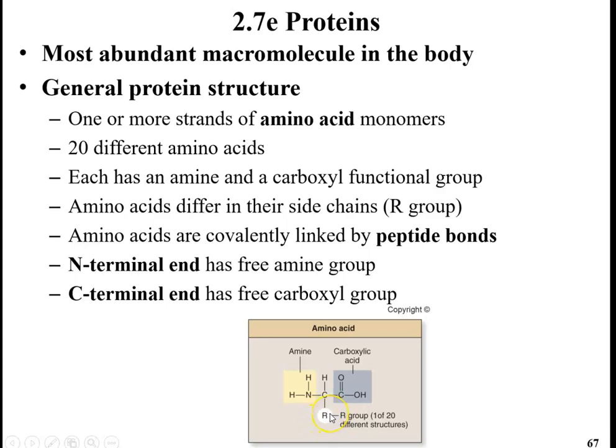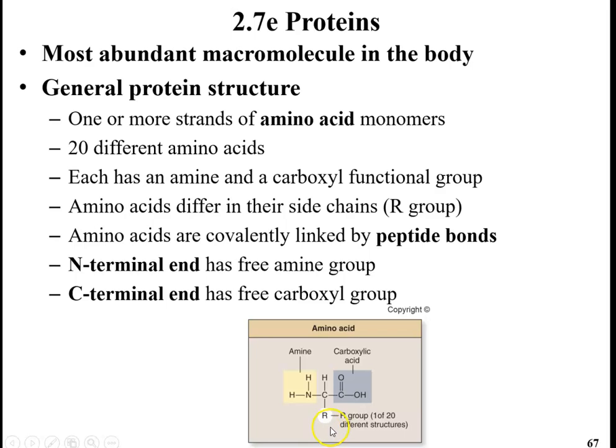What you need to know about this is that protein structure depends on the sequence of amino acids, and the amino acids essentially fold in different ways depending on which R group is there, which the R groups can be attracted to each other, right, through hydrogen bonding.